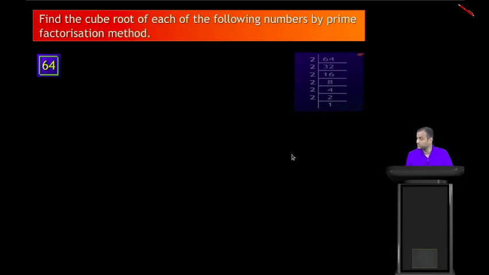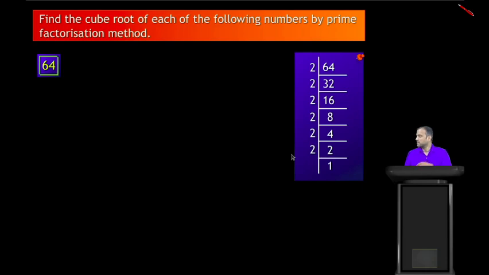Okay, so let's start. So these are the prime factors: 2 2 2, then 2 2 2. So these are the prime factors of 64.